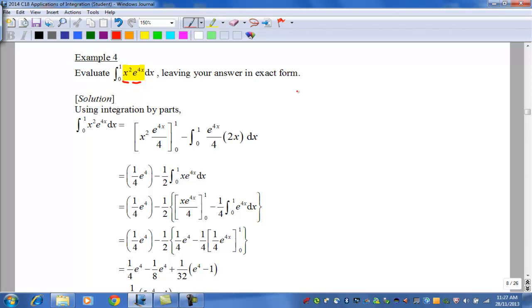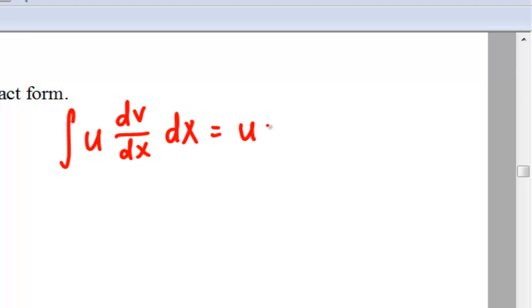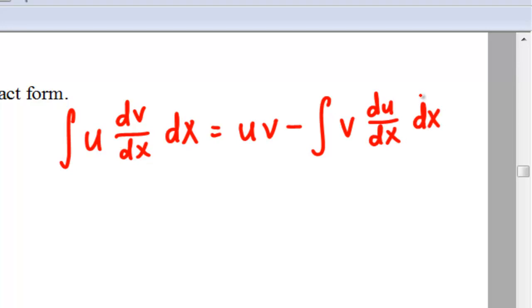So let us recall integration by parts. If I integrate u dv dx, it will give me uv minus integral of v du dx dx. So we have to identify who is our u and who is actually our dv dx.